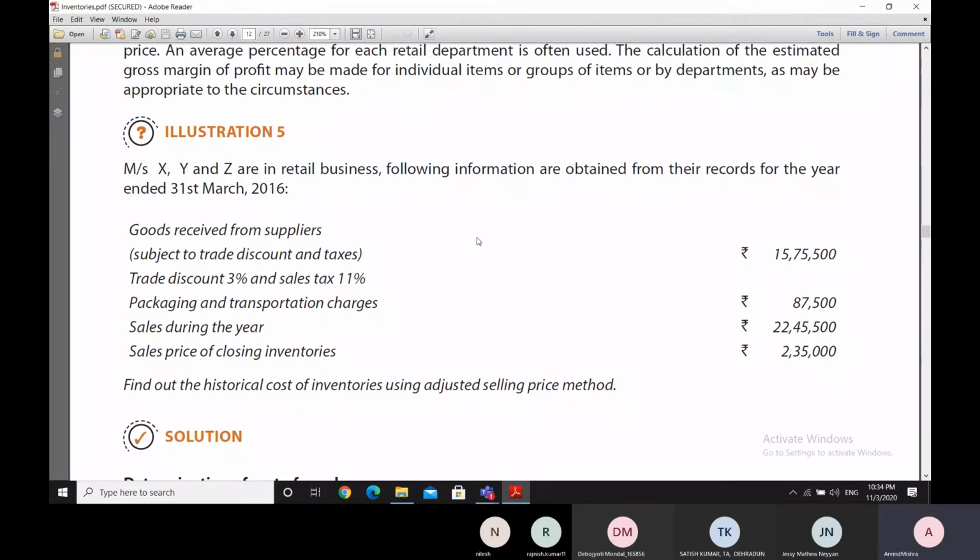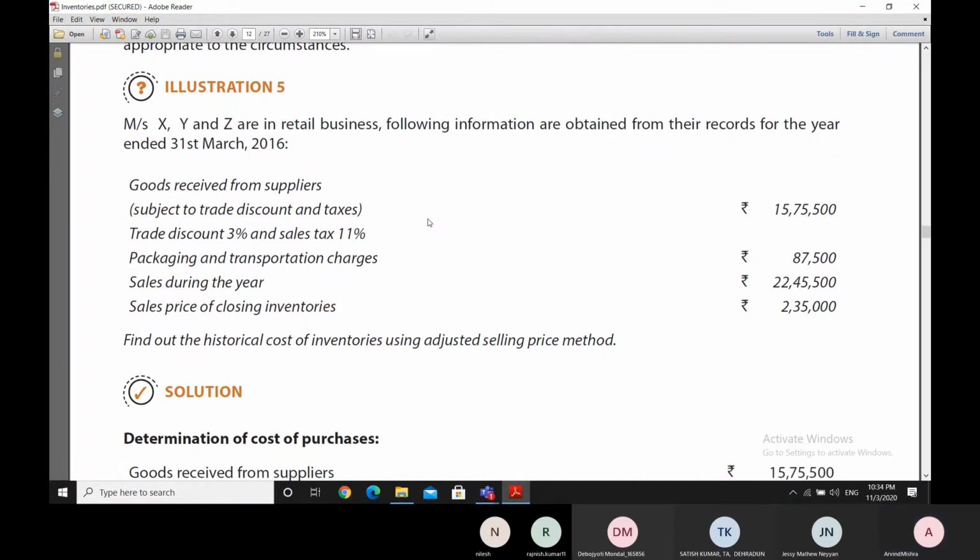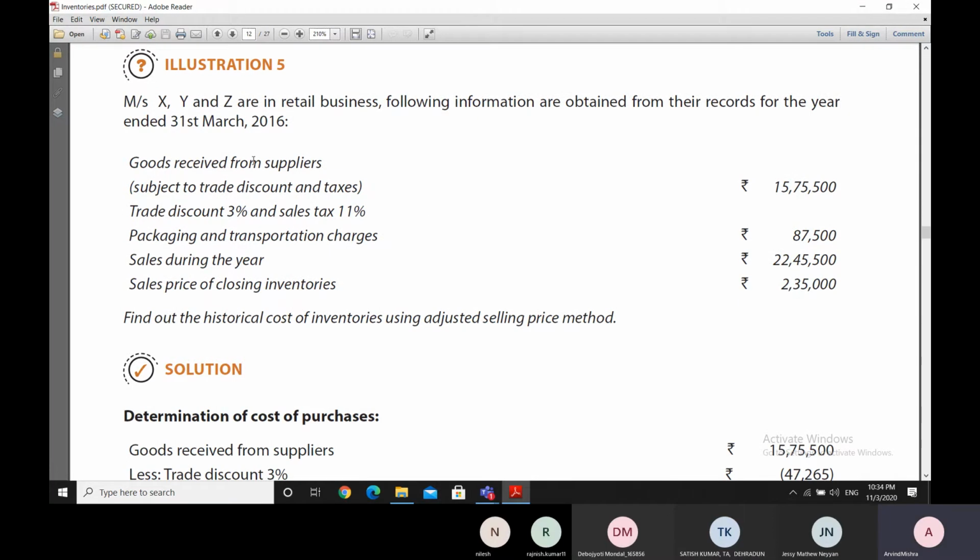Now let's take an example. Messrs. X, Y, and Z are doing retail business. Now some information has been obtained from their records for the year ended 31st March 2016. Goods which were received from the suppliers, which is the purchase subject to trade discount and taxes, are 15,75,500, and then there are some trade discounts 3% and sales tax of 11%, and there are packing and transportation charges also.